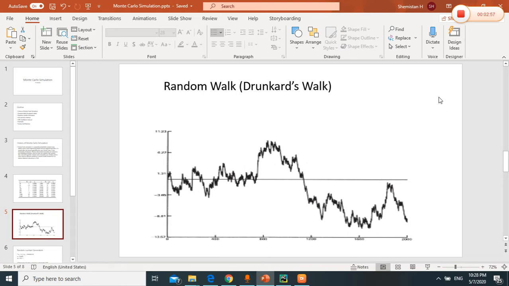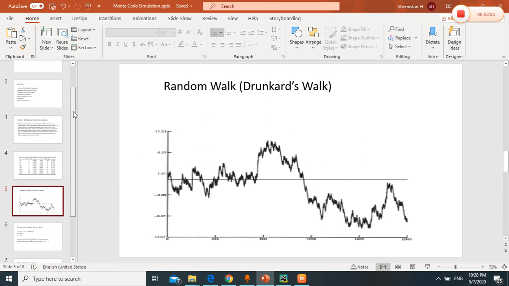So in this picture, you can see that when heads comes, we go 1 up, and when tails comes out, it goes 1 down. As the number of simulations grows, it is less likely to come back to the origin, the 0 point. It goes away from the center. 2000 simulations have been done here.